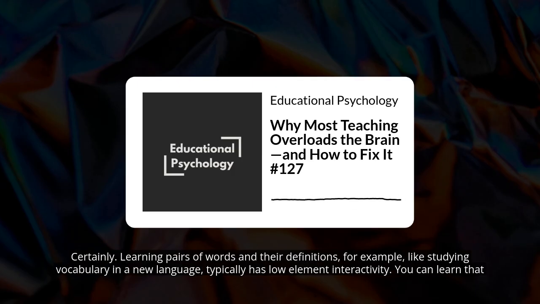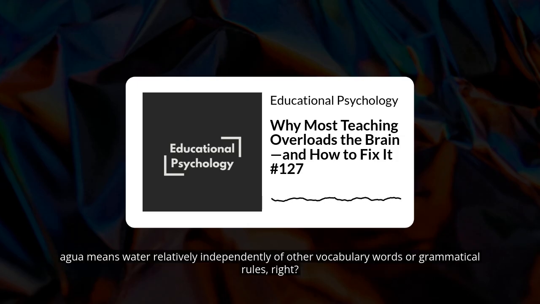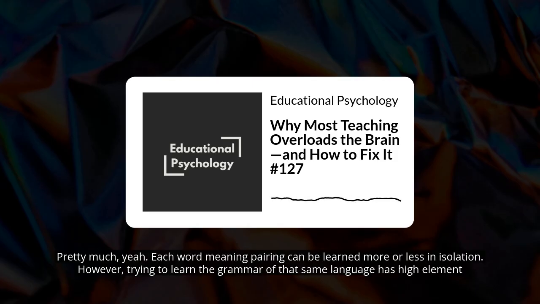Certainly. Learning pairs of words and their definitions, for example, like studying vocabulary in a new language, typically has low element interactivity. You can learn that agua means water relatively independently of other vocabulary words or grammatical rules. Right, you can learn them one by one. Pretty much, yeah. Each word-meaning pairing can be learned more or less in isolation.